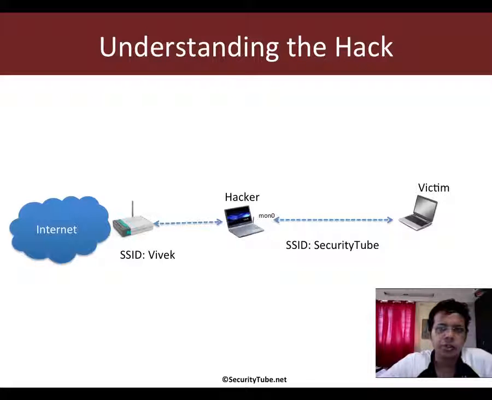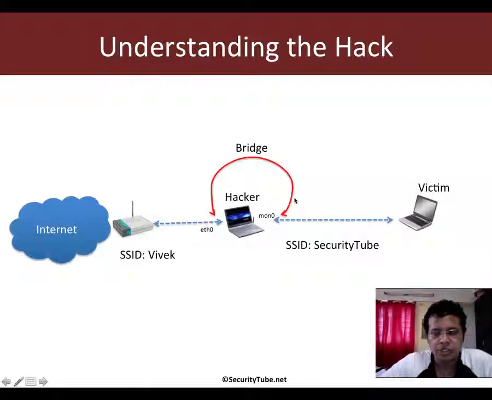And this is where, using VirtualBox or VMware, whatever you're using, we will actually map the wireless interface which is connecting to the SSID Vivek to ETH0, which is exposed inside VirtualBox. And then we will bridge both of these interfaces so that any traffic sent by the victim to Mon0 would straight away go to ETH0 and to the internet, and any traffic coming from the internet towards the victim would once again be relayed over the bridge.